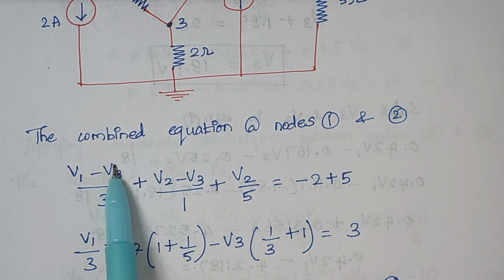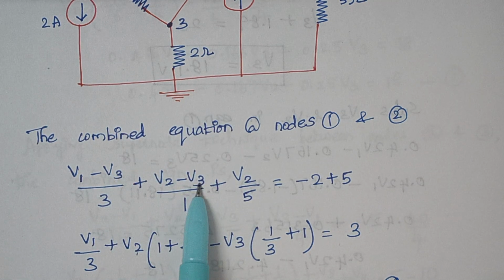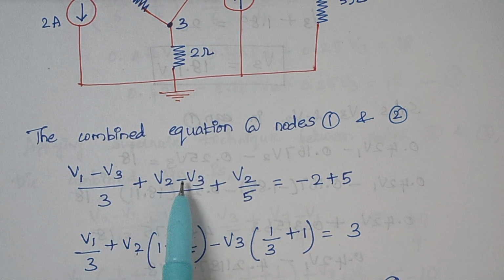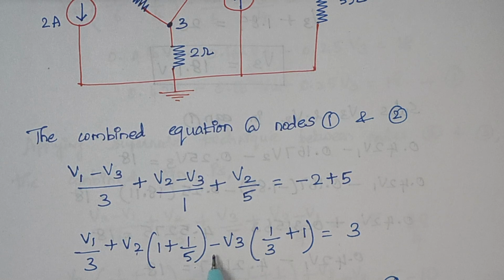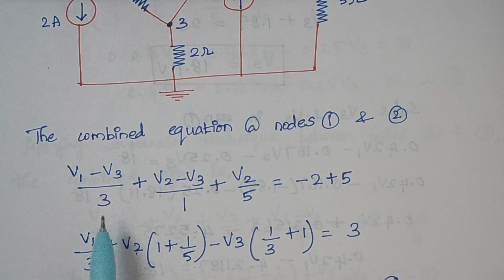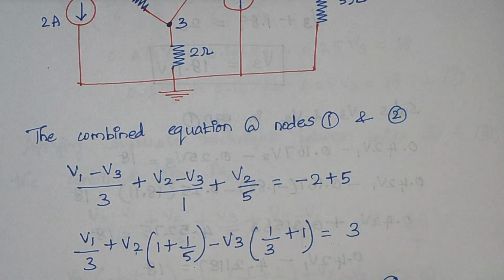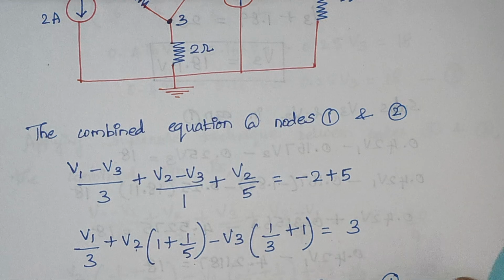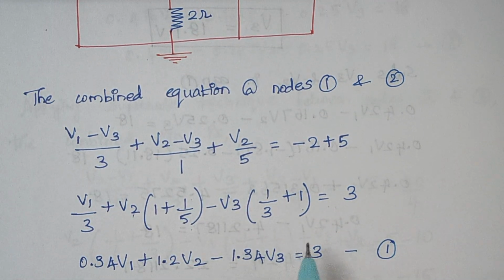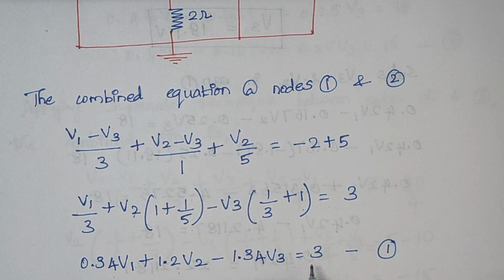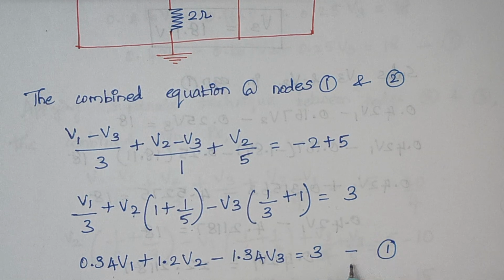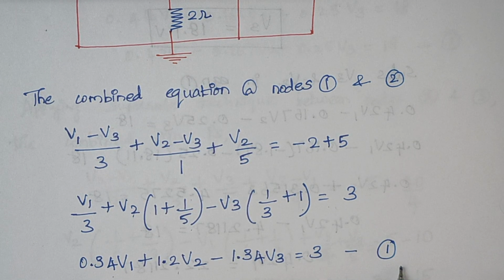Taking V3 outside, the minus sign is common, so I take minus V3, and the remaining terms are 1 by 3 plus 1. This is equal to 5 minus 2, which is 3. Solving these numbers, we get 0.34 V1 plus 1.2 V2 minus 1.34 V3 is equal to 3. Let this be our equation number 1.